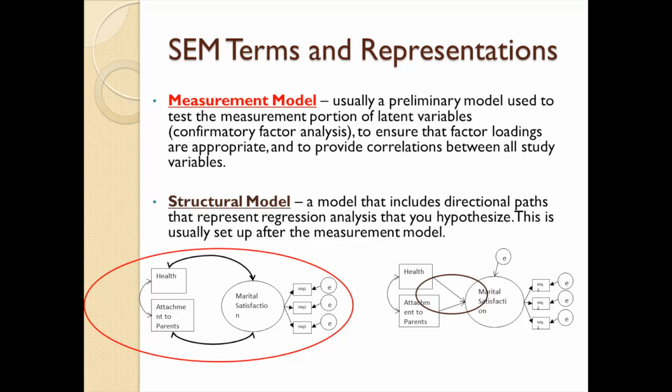So in a measurement model, we have oftentimes covariances between latent variables. Let's say health is a predictor here, and attachment to parents is another predictor, and marital satisfaction is the outcome. Instead of having a regression path between these, we might want to have a covariance between these.